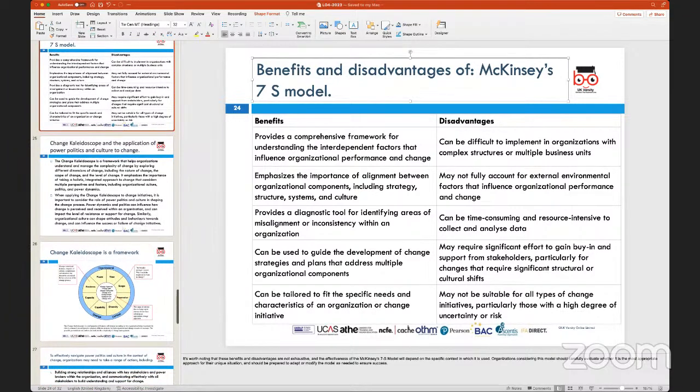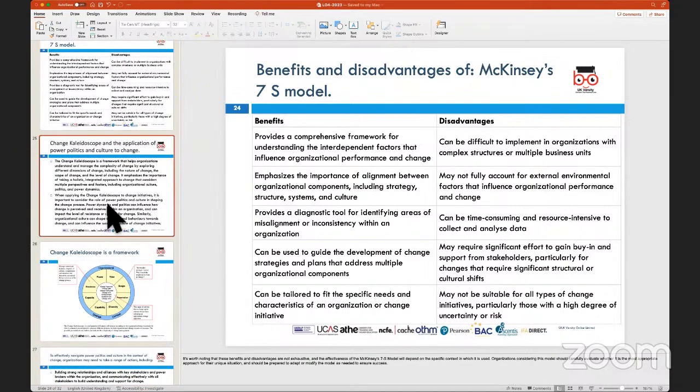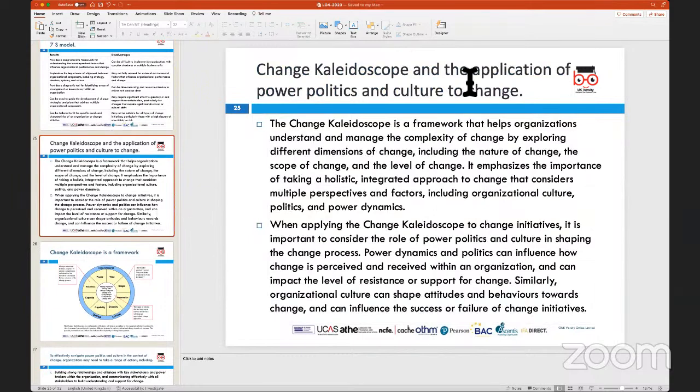Now, one last model which I want to briefly cover is basically the kaleidoscope approach of change. If I put it this way, I think some of us in our childhood have looked at the kaleidoscope, or the aspect of looking at things from a different perspective.